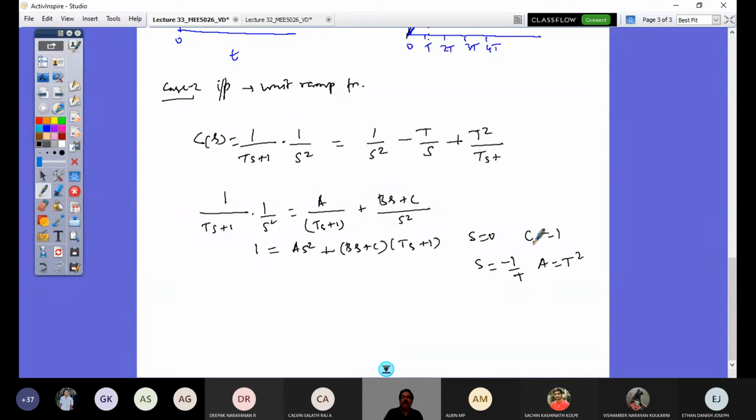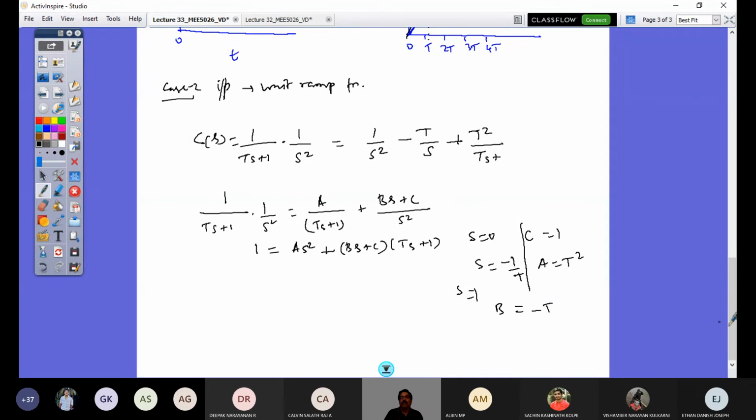I get the b value if I have my a and c substituted here, or you can put s equal to 1 with the c and a values, so you would get the b value. That b value is minus t. So that is how you get your fractions right here.